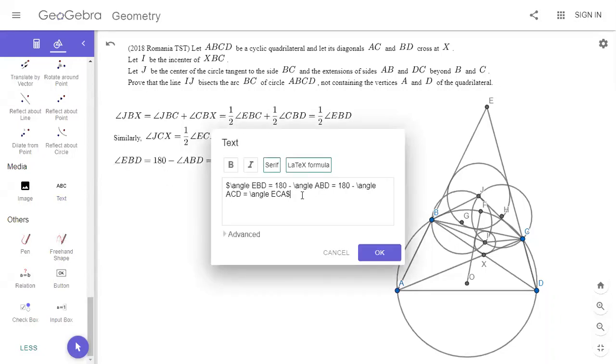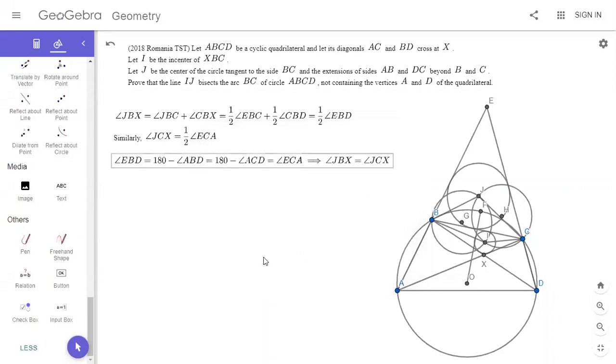That means that angle JBX is equal to angle JCX. All right. And now once we know that, that means that triangles JBX and JCX have the same size circumcircle.